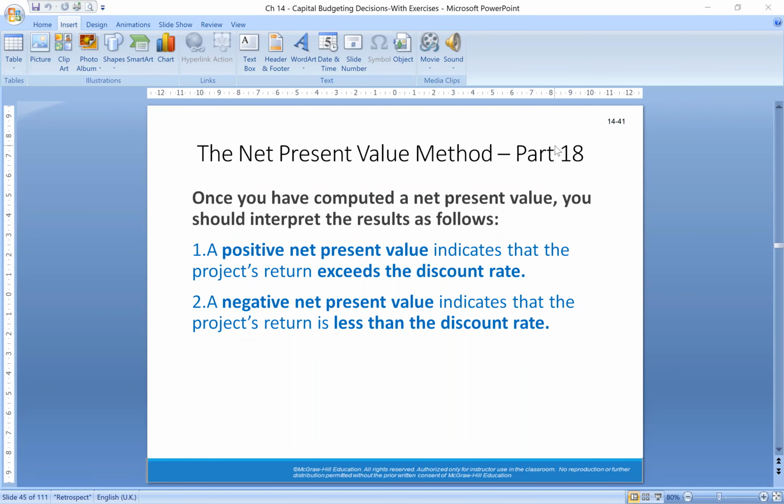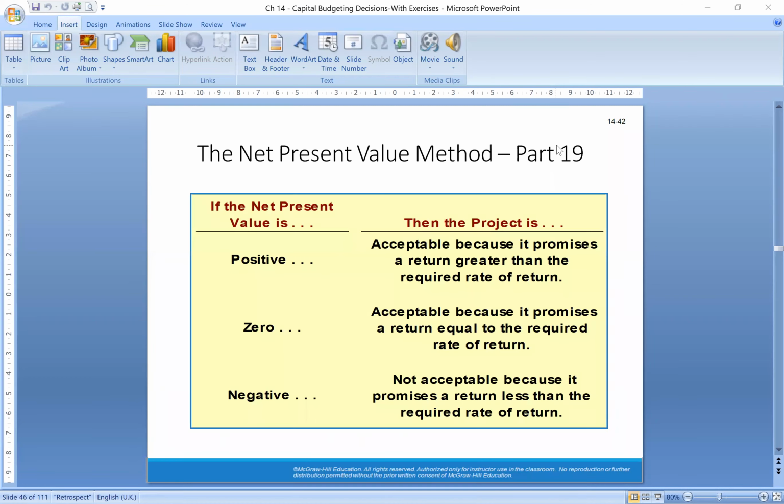Once you have computed the net present value, a positive net present value indicates that the project return is bigger than the discount rate of return, and a negative net present value means less than the discount rate. If it is positive, I will accept. If it is negative, I will reject. If it is zero, zero means what?